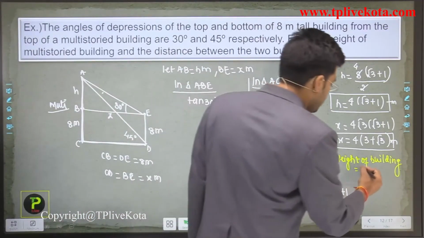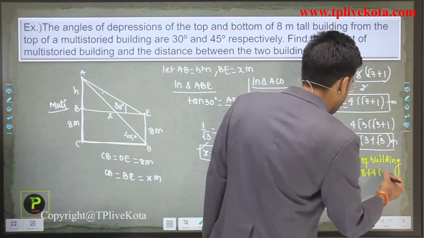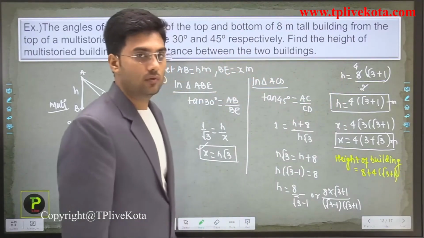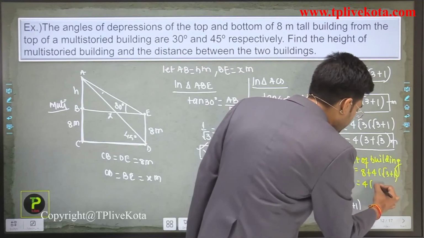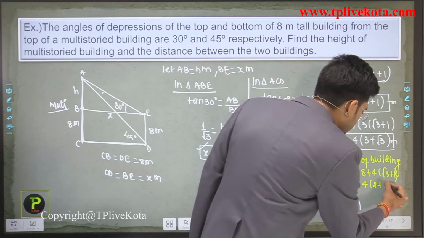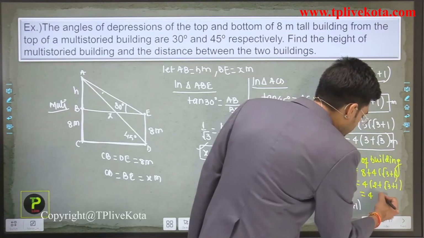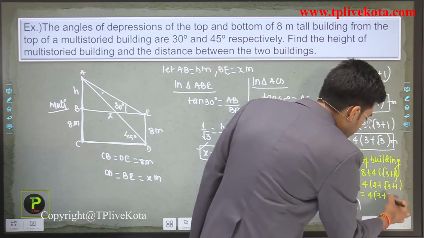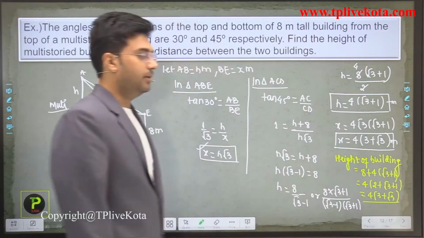So it is 8 plus 4 root 3 plus 1. When we take 4 common, we get 4 times 2 plus root 3 plus 1, or we can write it as 4 times 3 plus root 3.